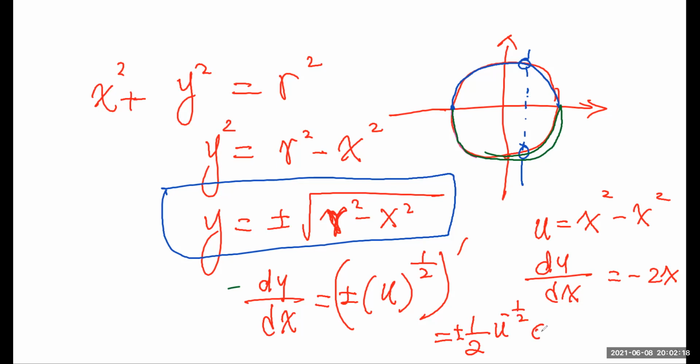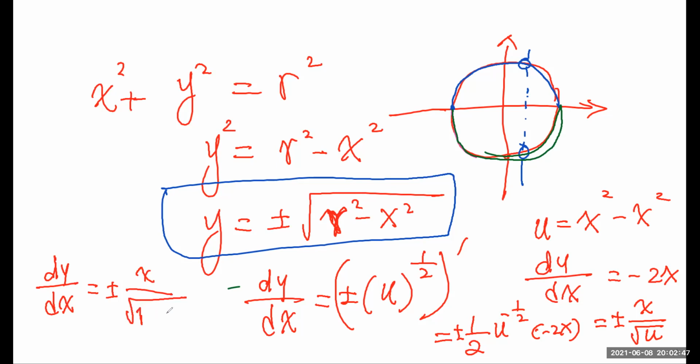Then we have negative 2x, the 2s cancel, and the negatives cancel. We still have plus minus, so we got x over square root of u. So dy/dx is plus minus x over the square root of r squared minus x squared.